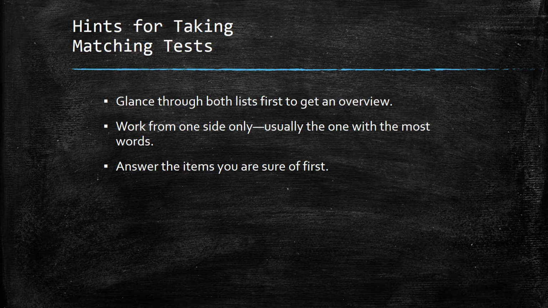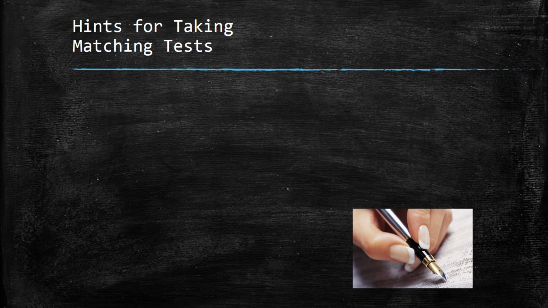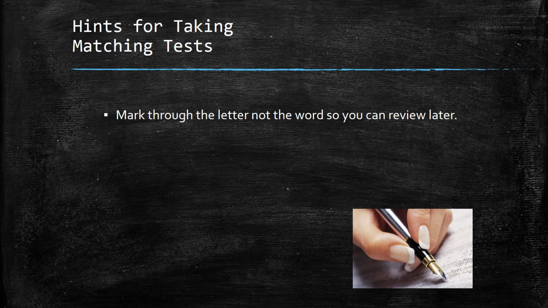Answer the items you are sure of first. Go through the list more than once, eliminating alternatives. Mark through the letter, not the word, so you can review later.